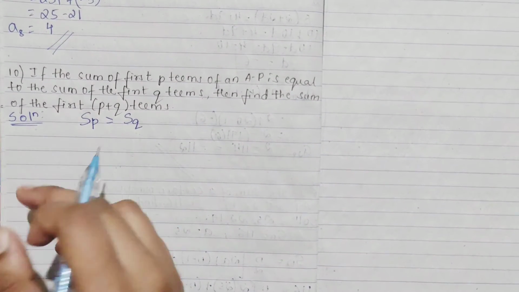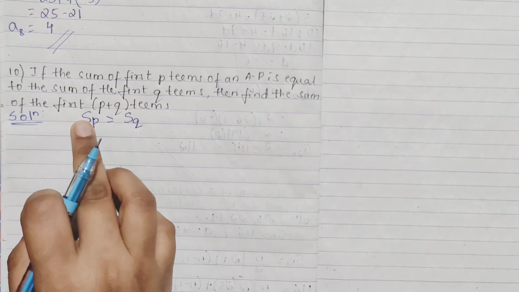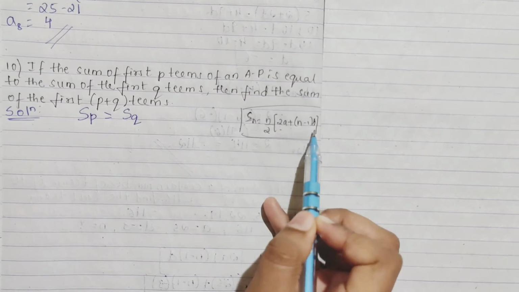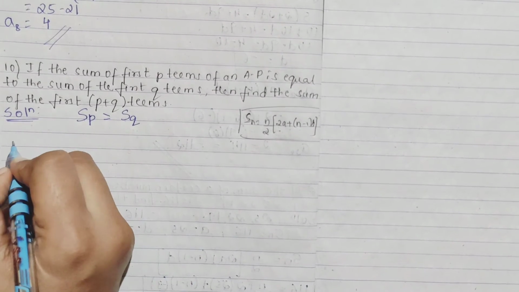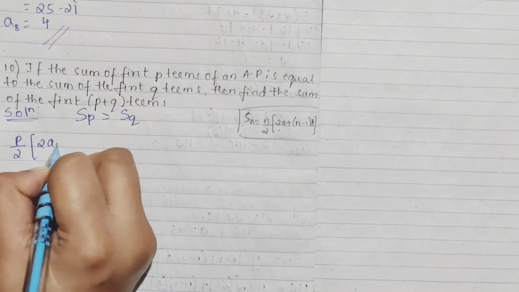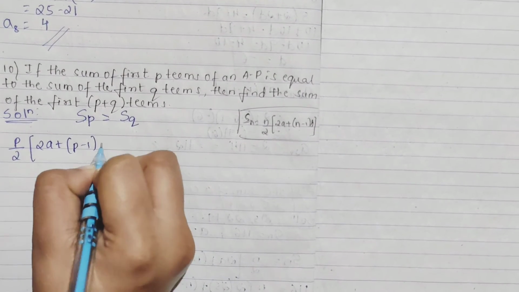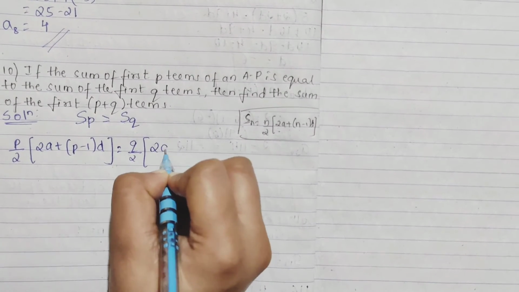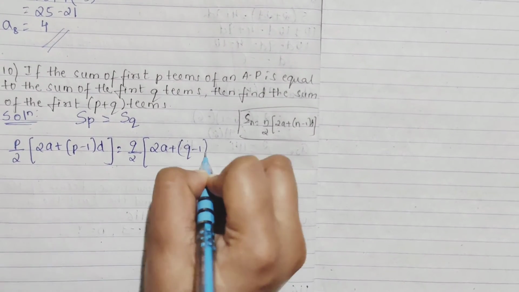So write down the formula, split it up. Your Sn formula is Sn is equal to n by 2 into 2a plus n minus 1 d, right? So for p terms, this will be p by 2 into 2a plus p minus 1 d. And here it is q by 2 into 2a plus q minus 1 d, right?